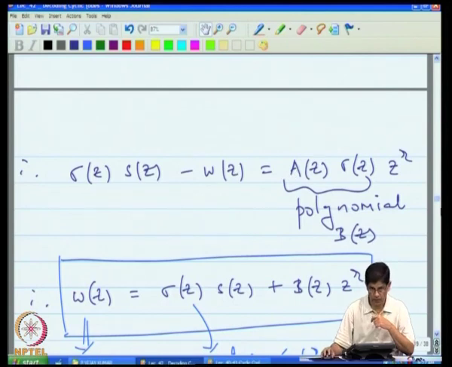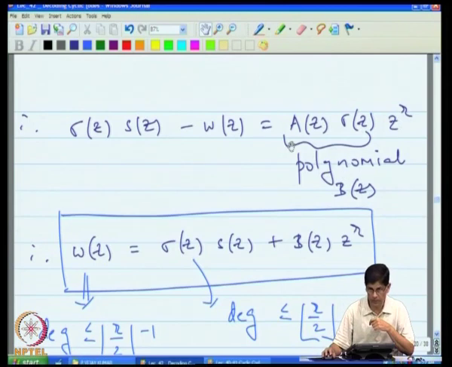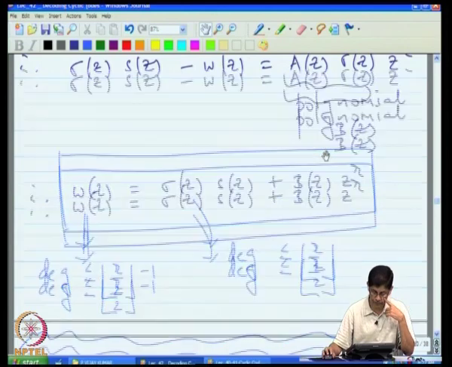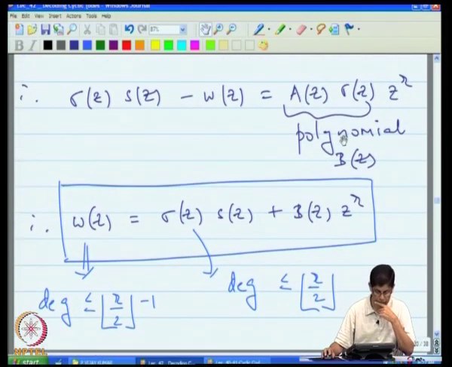Therefore, this entire thing must be a polynomial. It has only a finite number of terms simply because there are a finite number of terms here, and even to begin with there were no negative exponents of z. So, this had only positive exponents of z. So, that makes this a polynomial.